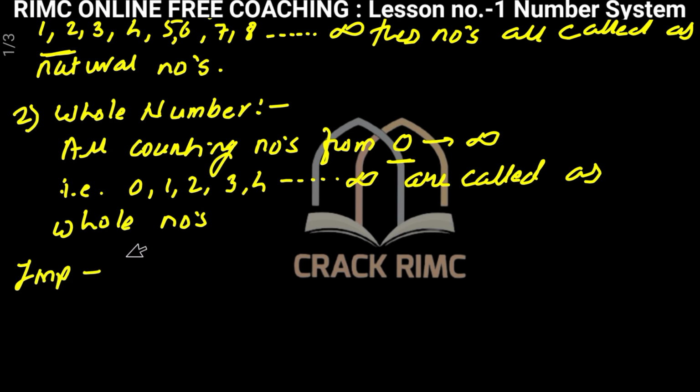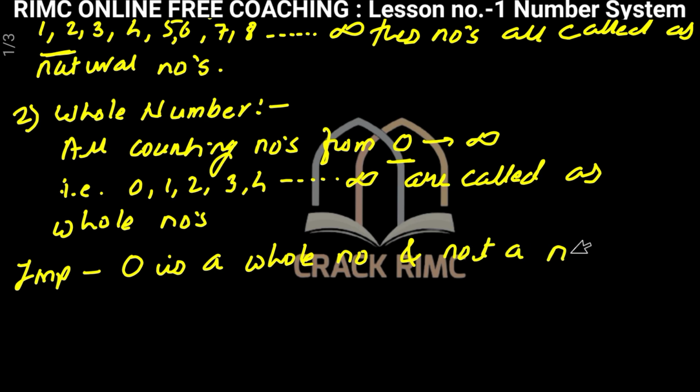The important point is 0 is a whole number and not a natural number. Okay, so you have to keep in mind that 0 is a whole number. What we have done, we have added 0 in all natural numbers. After that it became whole number.